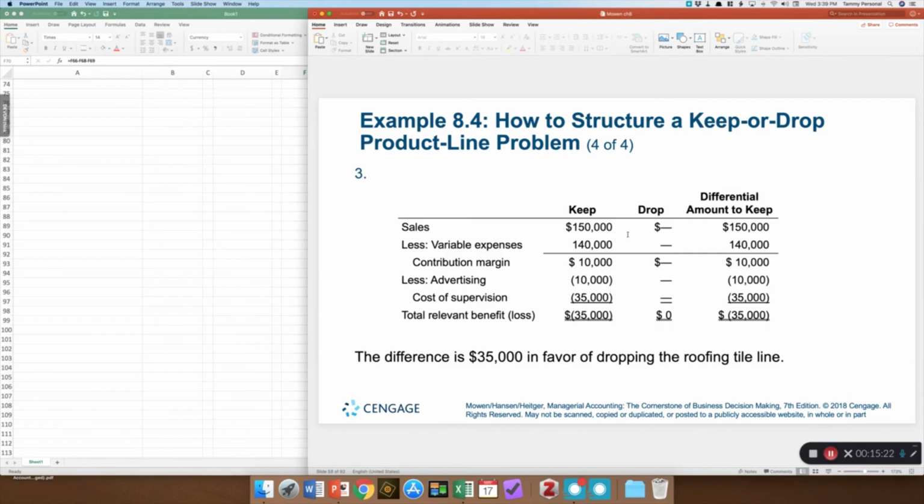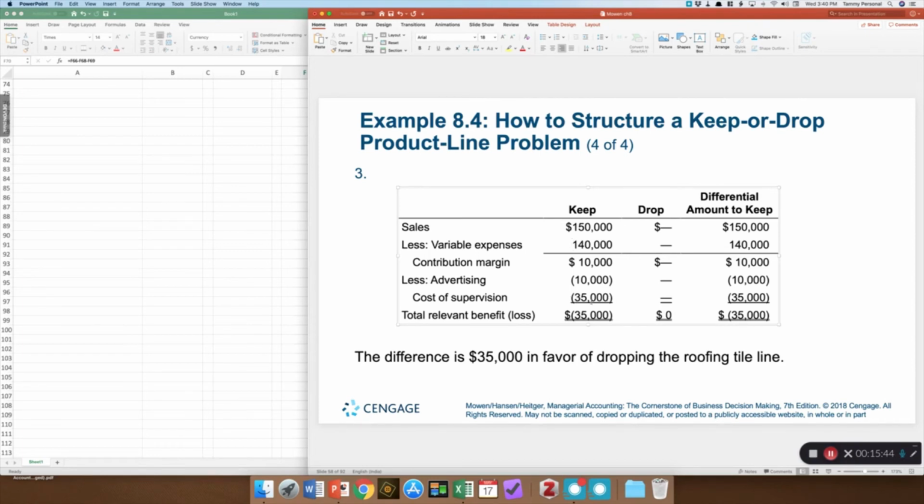Okay, so the relevant benefits would be sales of $150,000, but then here's our expenses, right? Our variable expenses of $140,000, and then our advertising is also negative $10,000. Supervision, negative $35,000.